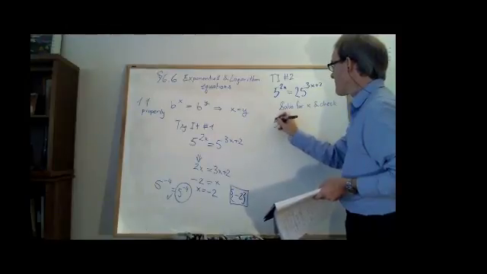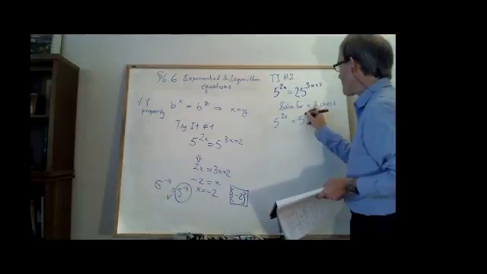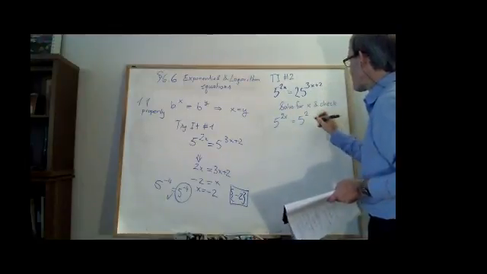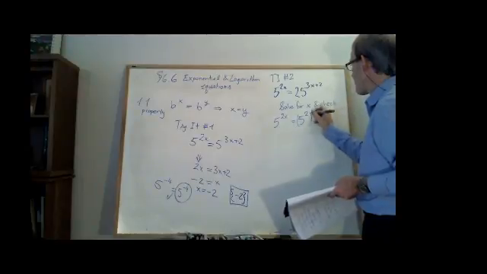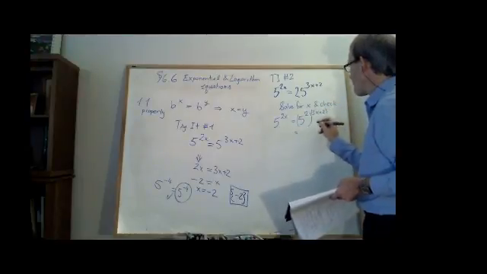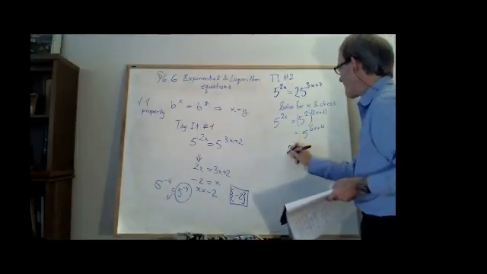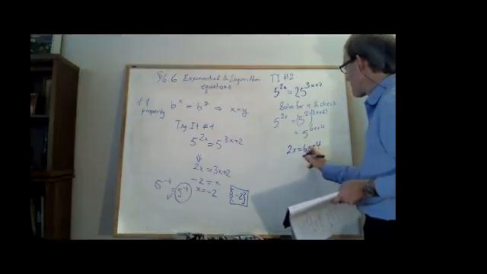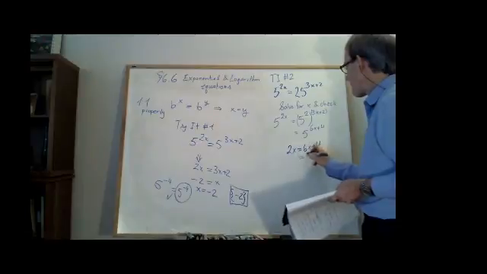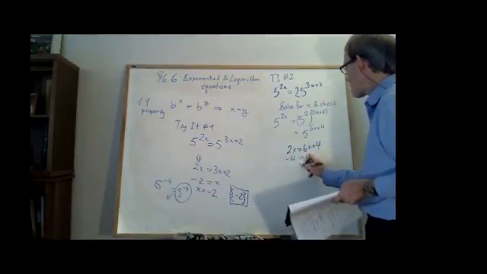We could write 25 as 5 squared, and then when you raise that to the power 3x plus 2, it's the same as multiplying the 2 by the 3x plus 2, so that becomes 5 to the 6x plus 4. Then we get 2x is equal to 6x plus 4. And then solve for x here, and I get minus 4 is equal to 4x, x is equal to minus 1.